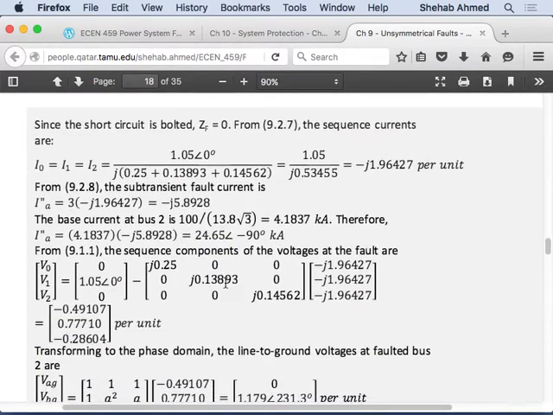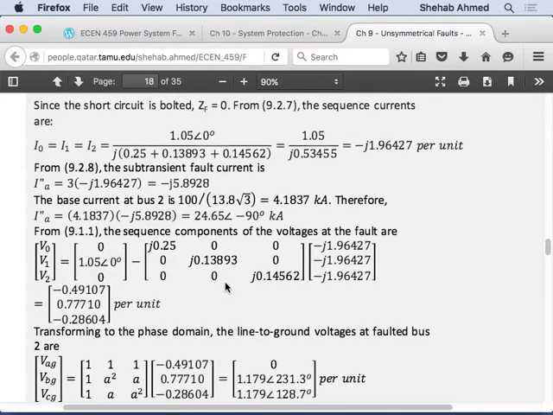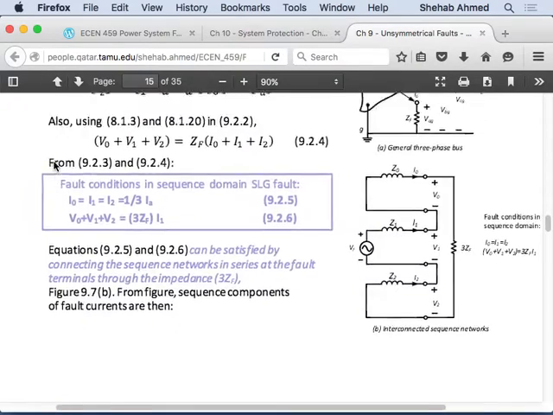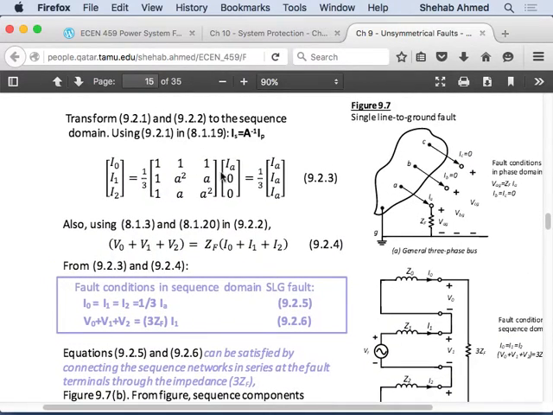That's what they did here. So they first calculated the currents, which is equal to the voltage divided by the sum of the impedances. They calculated that in per unit. And then they converted the sequence quantities, since I know that I0 is equal to 1/3 IA.